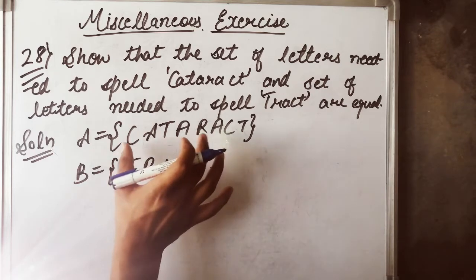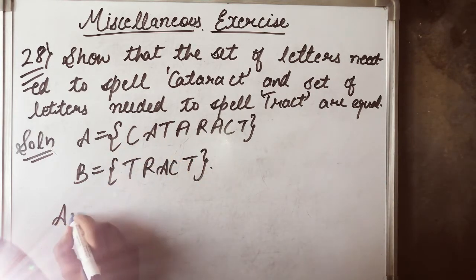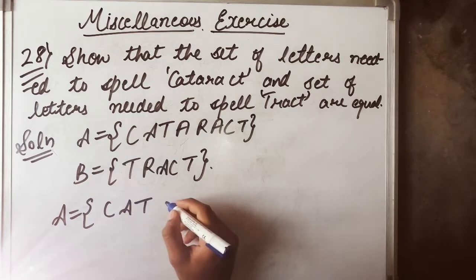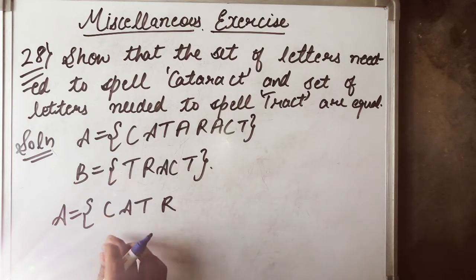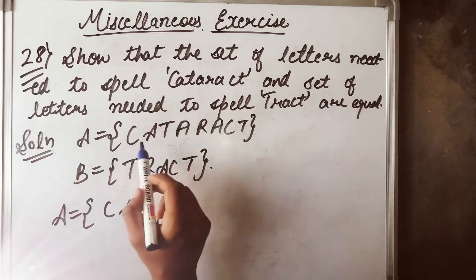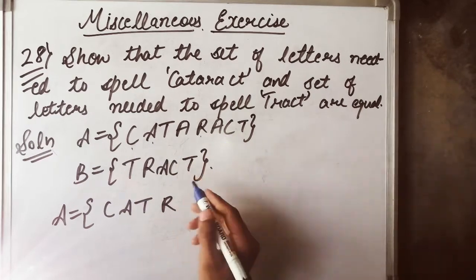If we write this set in terms of letters in roster form, A set will be written as C, A, T, R. Is there any other letter left? C, A, T, R. That's all.